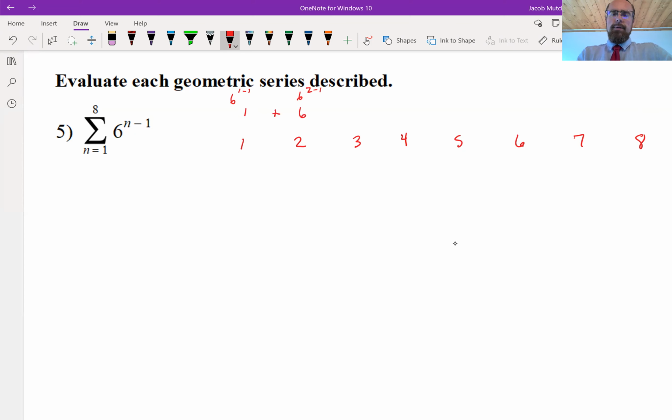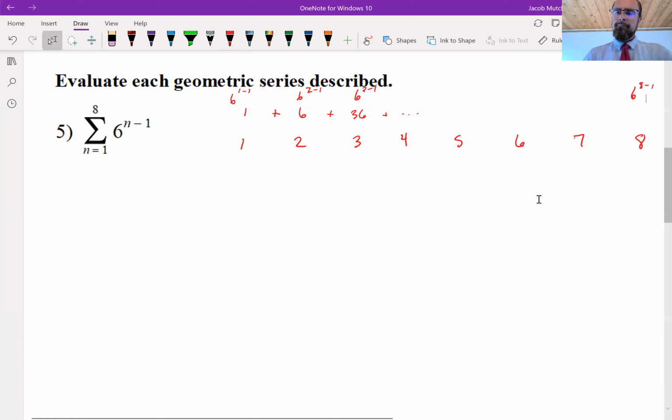And then 6 to the power of 3 minus 1, which is going to be 36, and so forth. I would really just keep multiplying by 6. So I'll just put dot, dot, dot, and that would go up to 6 to the power of 8 minus 1, which would be 6 to the 7th power.